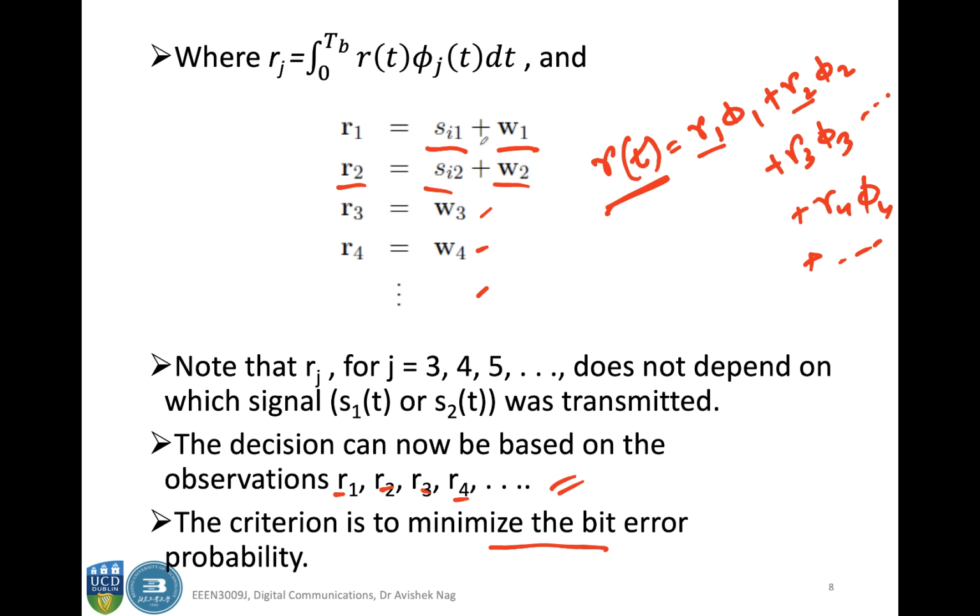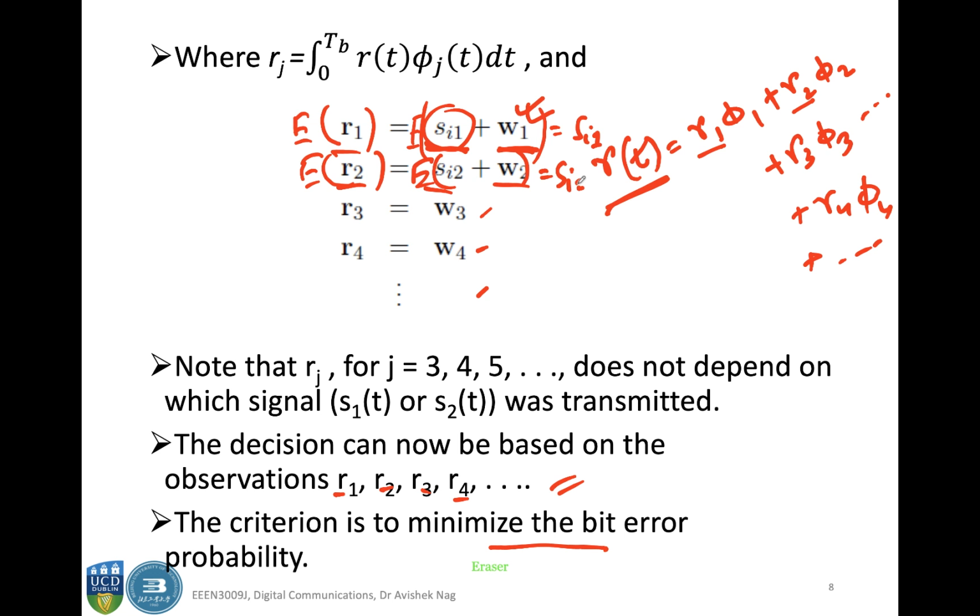So your R1 was this plus W1. W1's mean was 0, because it is a component of the zero mean noise. So R1's mean will be just this. If you take the expectation of R1, this will give you Si1. If you take the expectation of R2, this will give you Si2.